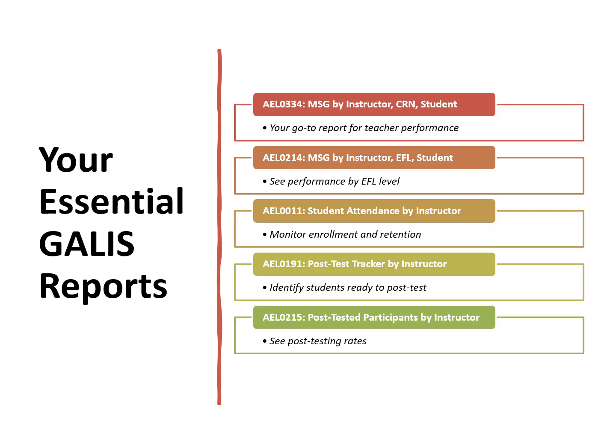Report AEL 0214 is your MSG by instructor, EFL, and student report. This is similar to 0334, but organized by educational functioning level. Use this when you want to see if a teacher is struggling with a particular level. Maybe they're great with ABE level 3, but struggling with level 1 students.